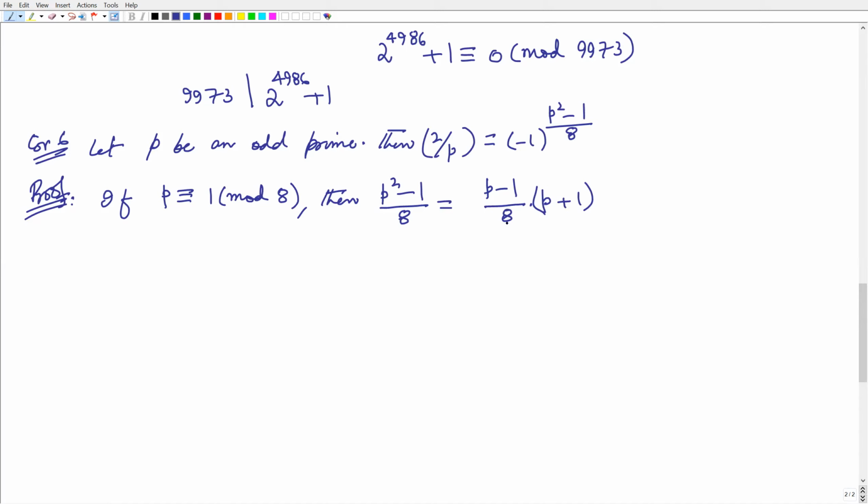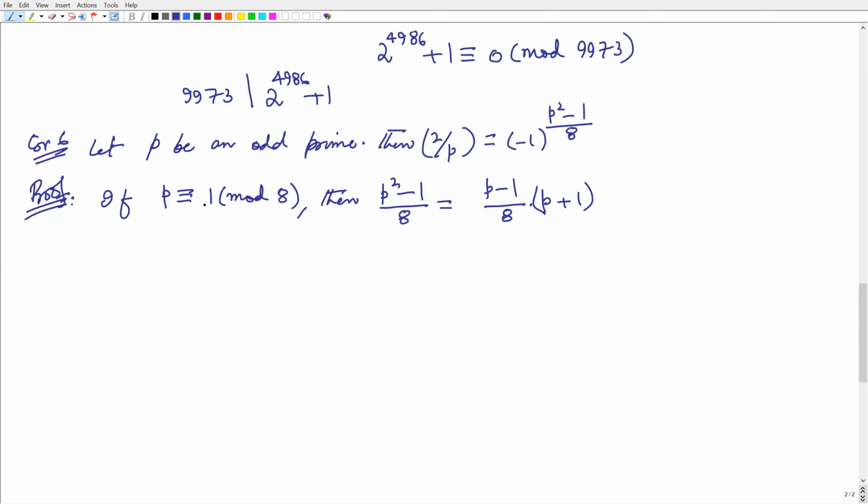We can write it as P minus 1 over 8 times P plus 1. Because P is an odd prime and whenever we divide P by 8 the remainder is 1, it means P minus 1 is congruent to 0 modulo 8.